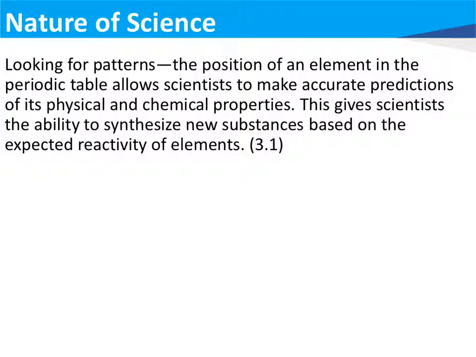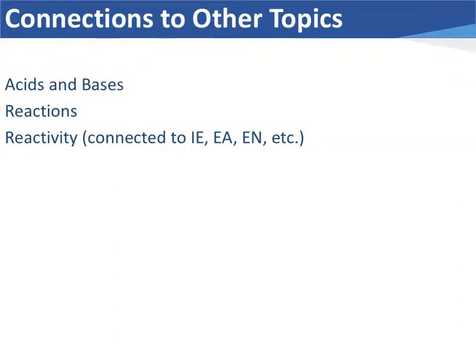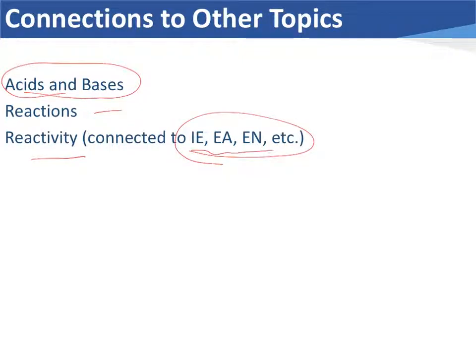Nature of science, looking for patterns. Of course, the periodic table is full of patterns. Connections to other topics, well, of course, the connection to acids and bases, which we're in now. Reactions and reactivity, which is connected to so many of the periodic trends that we studied within topic 2 and topic 3 already.